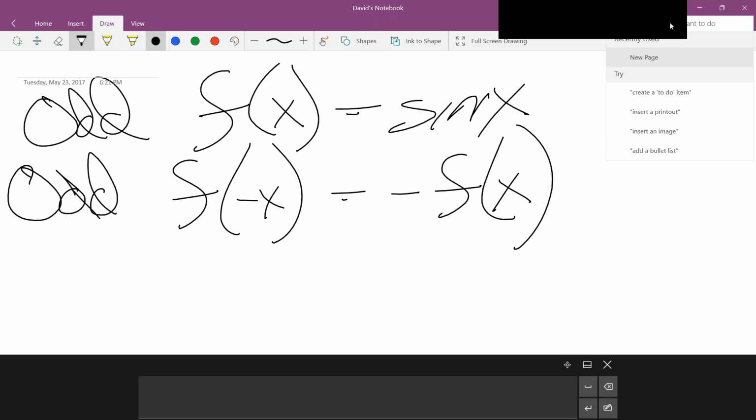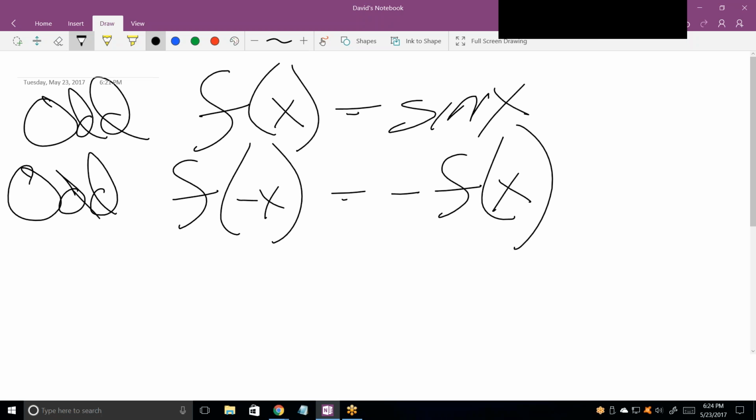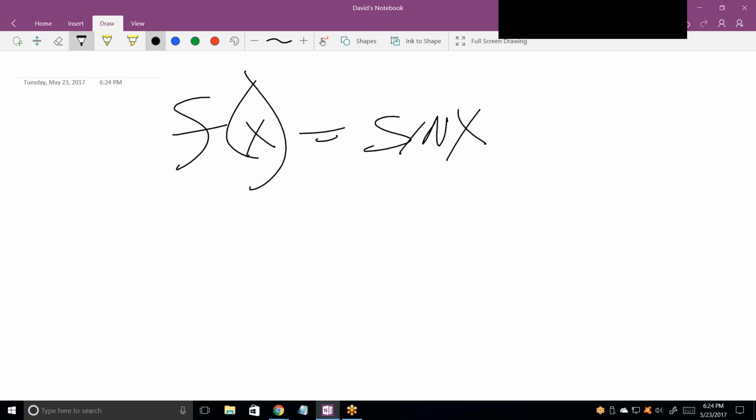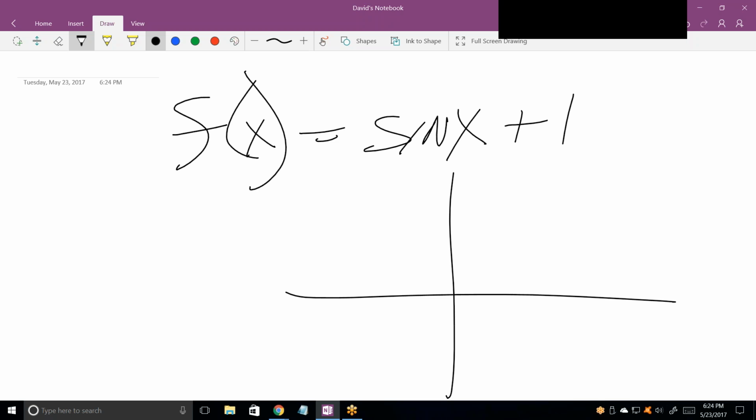Now, most functions are neither. If I say f of x is equal to sine x plus 1, well, that's not the normal sine curve, that's this sine curve.